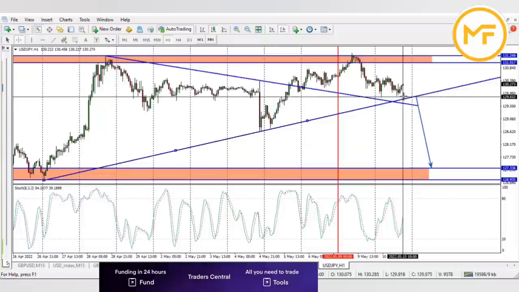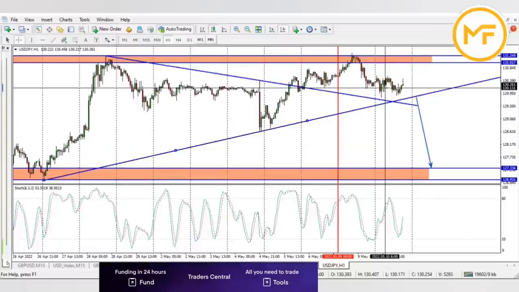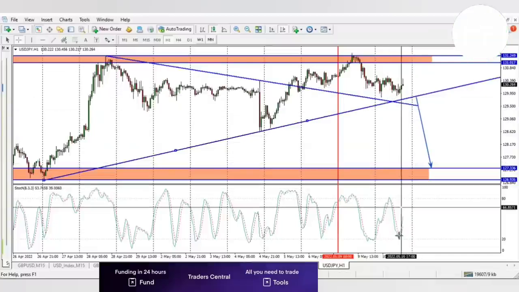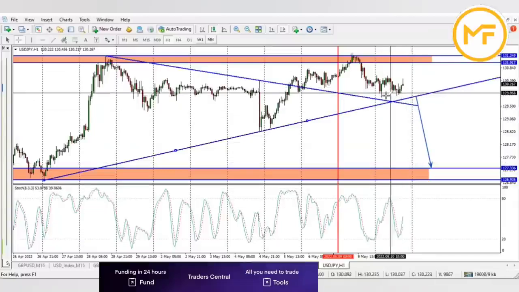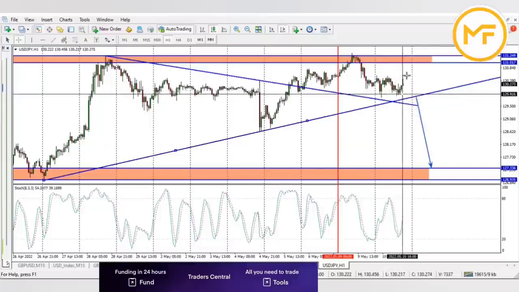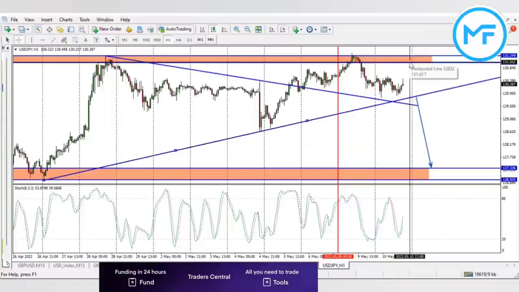Here there's no divergence, but if there is a divergence, which means here it is more overbought when it's a little bit upwards, that is also a good place to buy. And you buy until you get here, right?